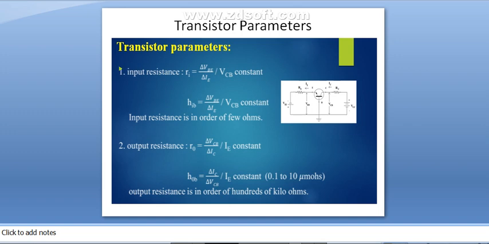So input resistance is in the order of few ohms, output resistance is in the order of hundreds of kilo ohms. Here RO is delta VCB by delta IC at IE constant, and the output admittance is delta IC by delta VCB.